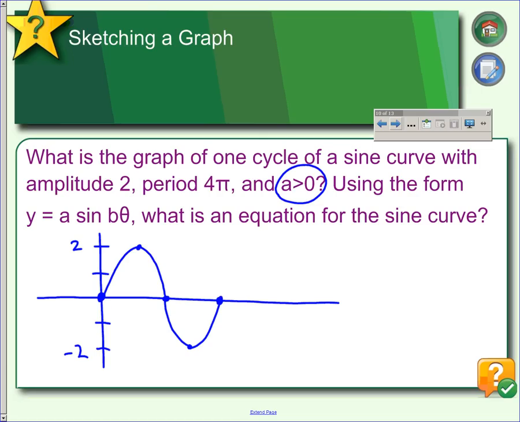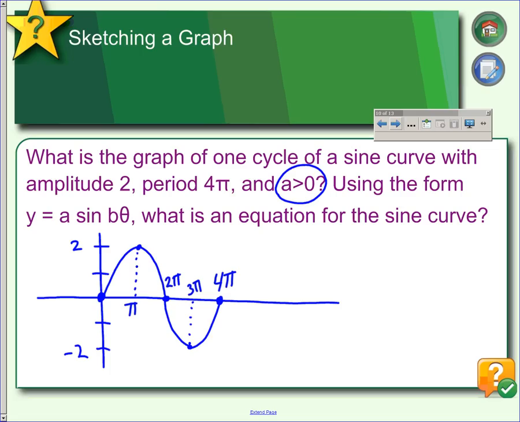So since the period is 4 pi, we know that this x-axis value is 4 pi. So at the halfway point, we would be at 2 pi, and halfway between the x-axis values at the amplitude here would be 1 pi, and then at the minimum value here, this would be 3 pi, halfway between 2 pi and 4 pi. So that's what one cycle of the sine curve would look like.